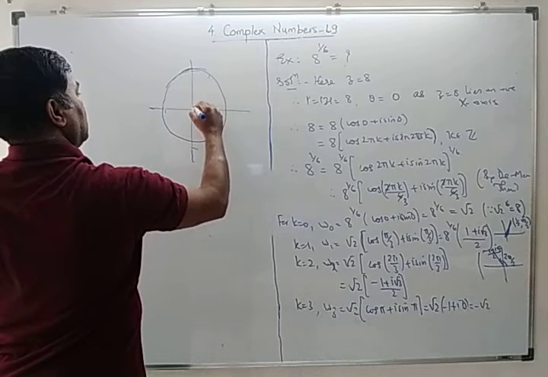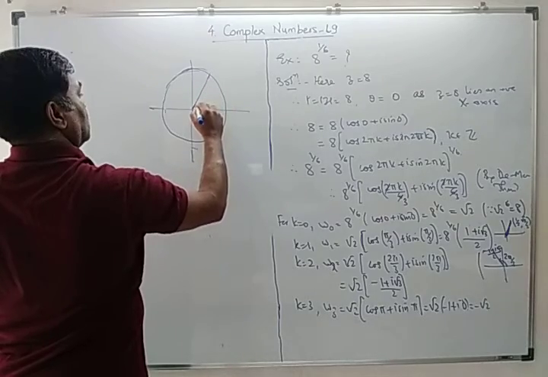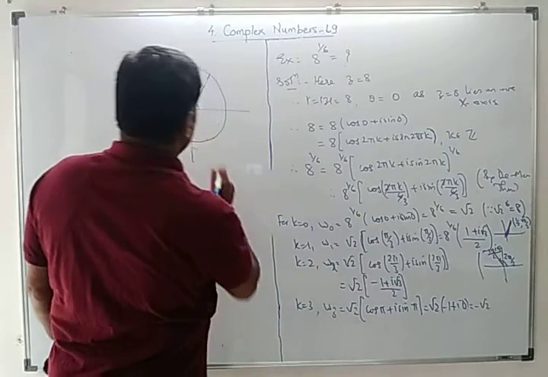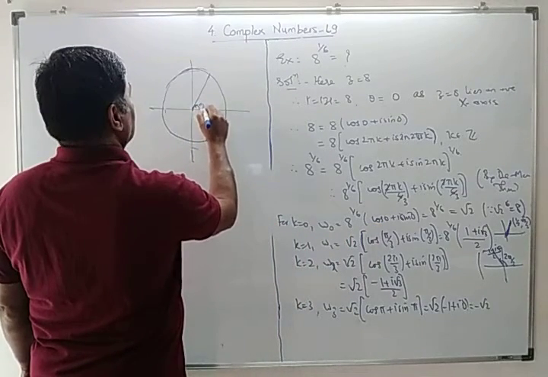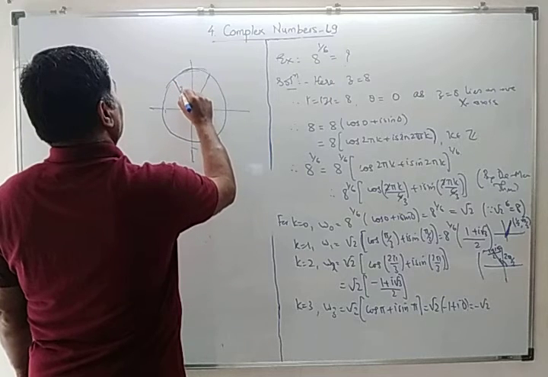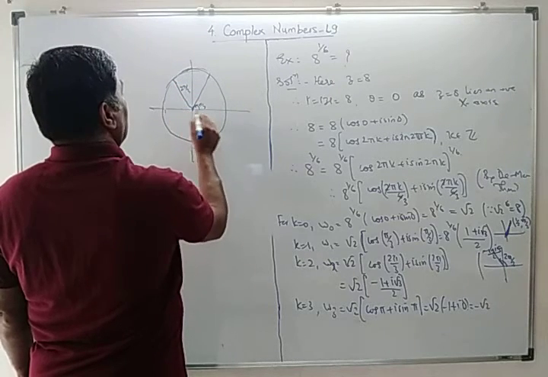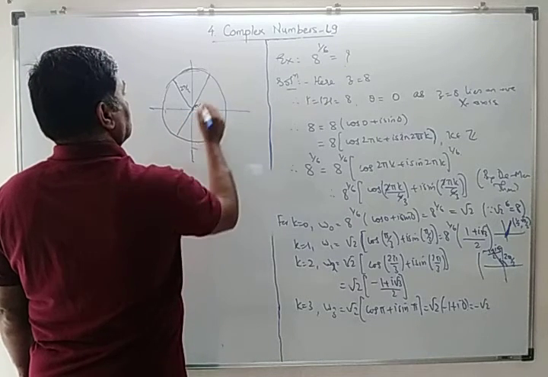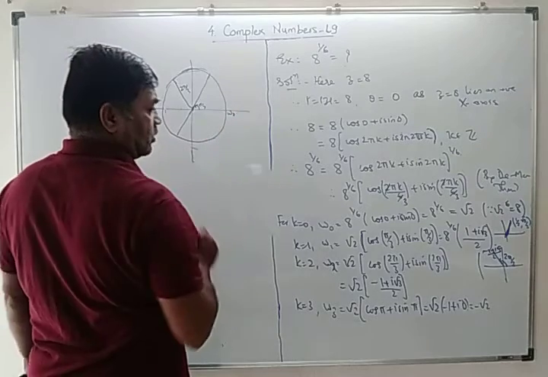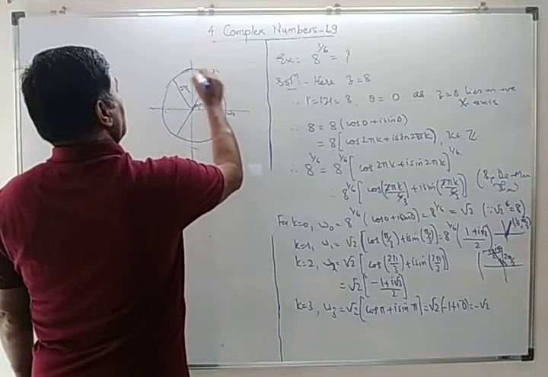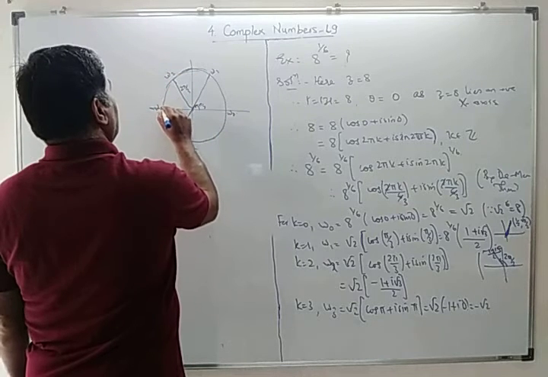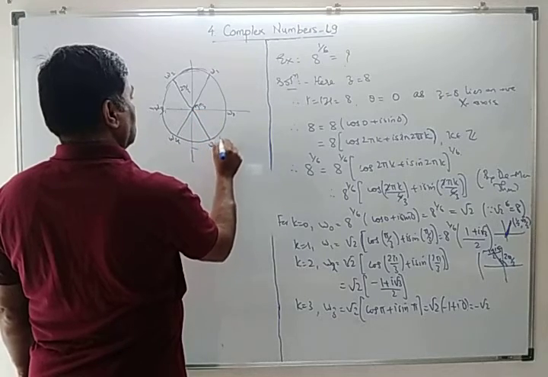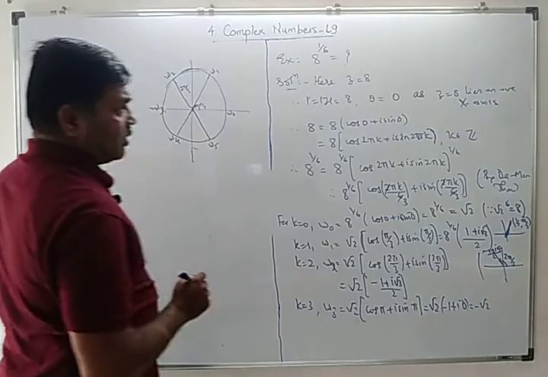So this is your pi by 3. The first angle is 0, then pi by 3, 2 pi by 3, this is pi. Then we will get here W0, W1, W2, W3, W4, W5, W6. Very clear.